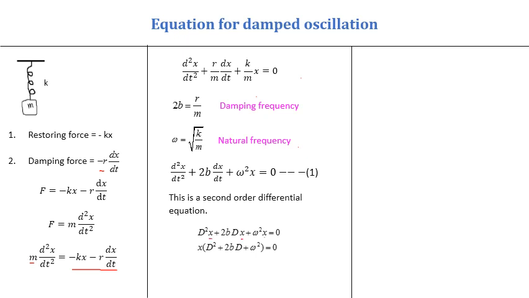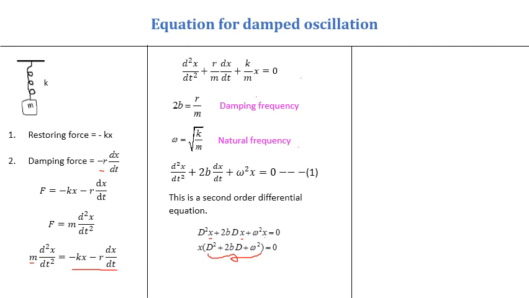So I will get x into D square plus 2bD plus omega square is equal to 0. Here x is a displacement which is never 0. So the only possibility is that the term inside the bracket, that is D square plus 2bD plus omega square, must be equal to 0.